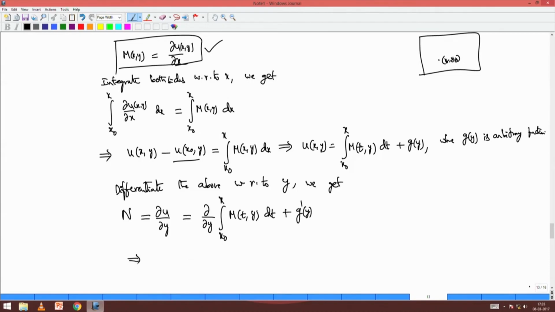Now this implies N minus ∂/∂y of the integral from x naught to x of M(t, y) dt is only a function of y. So this implies g'(y) equal to N(x, y) minus the integral from x naught to x of ∂M/∂y. Because this is a function of y, this is the y derivative, this is only a function of x, so I can take it inside.